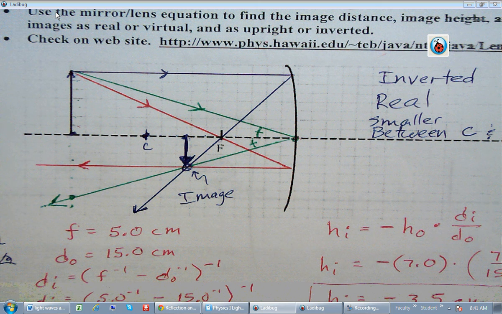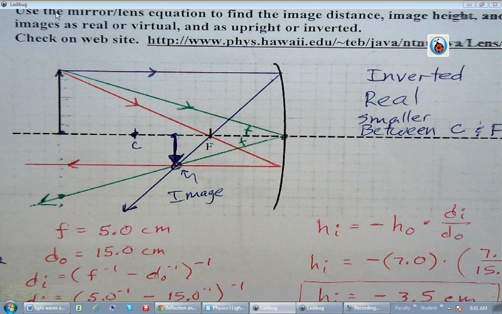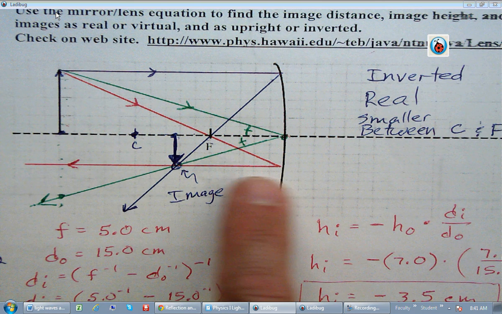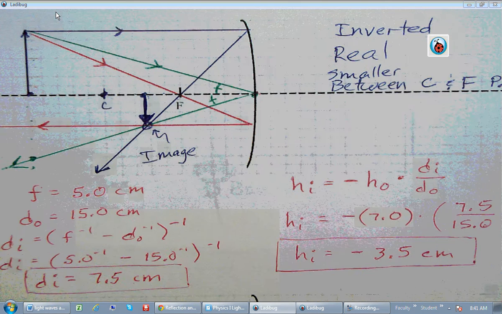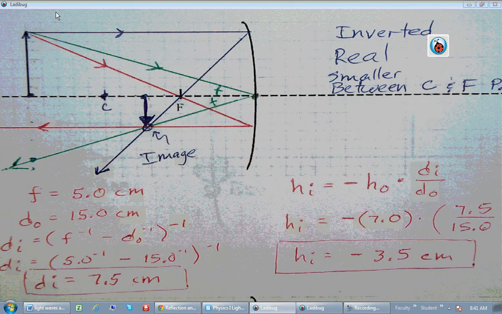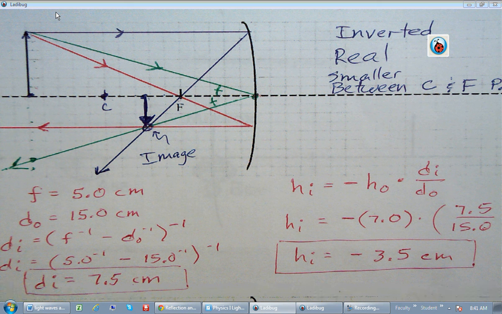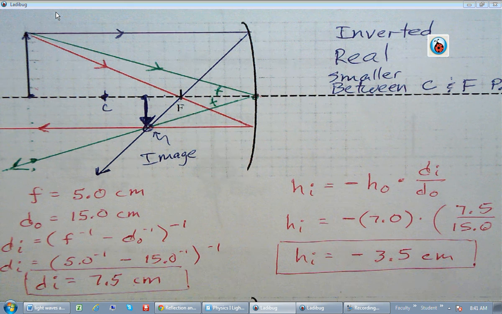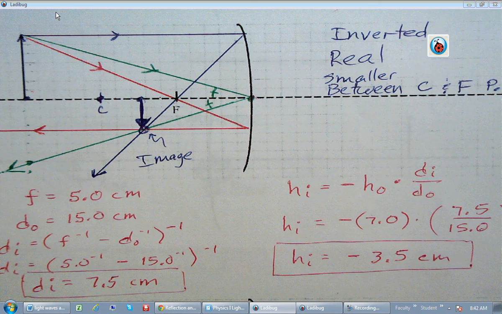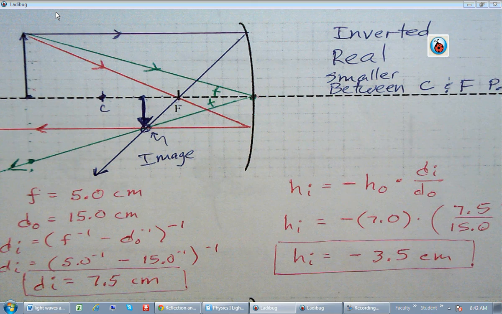In this case it was beyond the center of curvature, that point marked C there, and we found both from the diagram as well as from the math down below that we get a smaller inverted image, and anytime it's inverted it must also be real, and in this case it's smaller because it's located closer to the mirror between the center of curvature and the focal point.